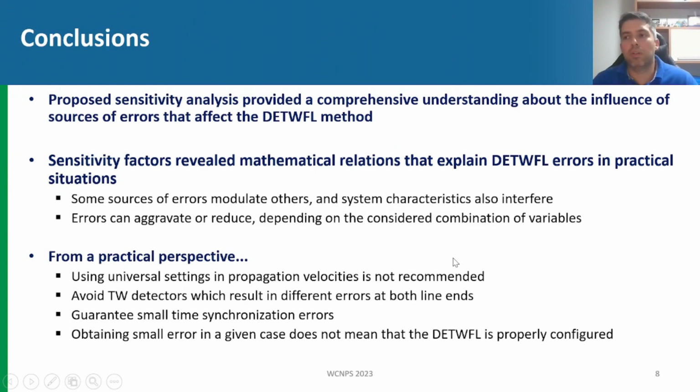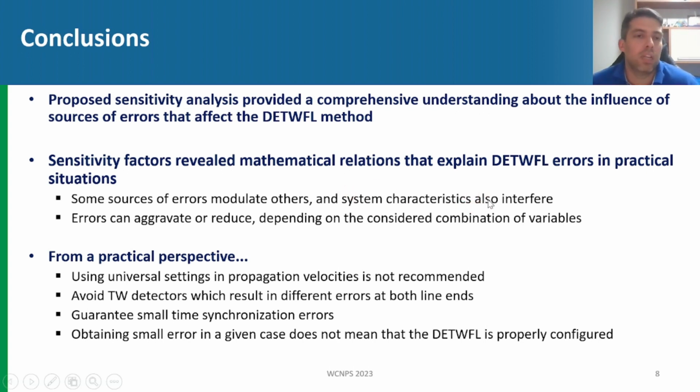So as the final conclusions, we can say that the proposed sensitivity analysis provided a comprehensive understanding about the influence of sources of errors that affect the double-ended traveling wave-based fault location method. The calculated sensitivity factors revealed mathematical relations between sources of errors, indicating that some of them modulate others and some sources of errors can be interfered with by the system characteristics.